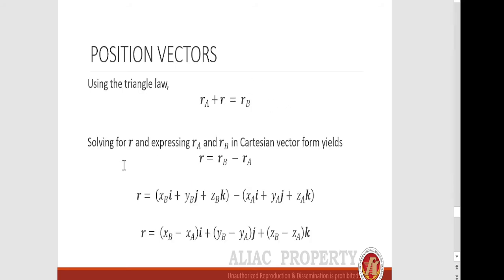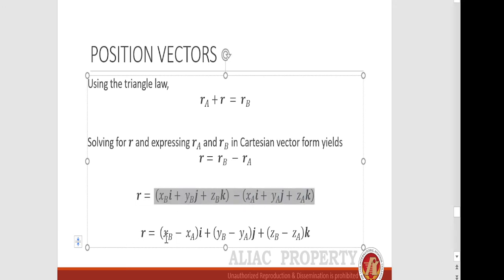Then solving for R, the expression for RA and RB in Cartesian vector form yields R equals RB minus RA. Then again, use the Cartesian vector components along unit vectors i, j, k for vector RB minus vector RA. Just substitute, then solve.